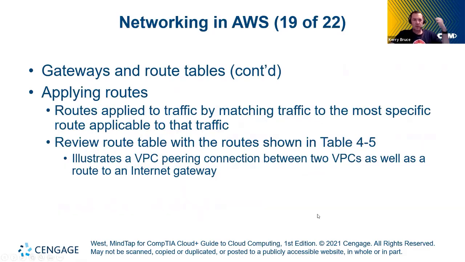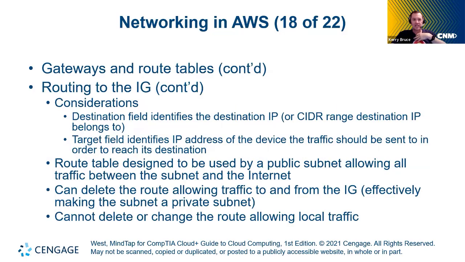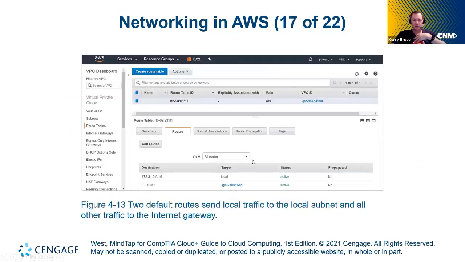So how does AWS apply those routes? Routes are applied to the traffic by matching the traffic to the most specific route applicable to that traffic, all right? So if you've taken Cisco classes before, and you've set up routing tables on Cisco devices, you would know that you have to have them in priority order, okay?